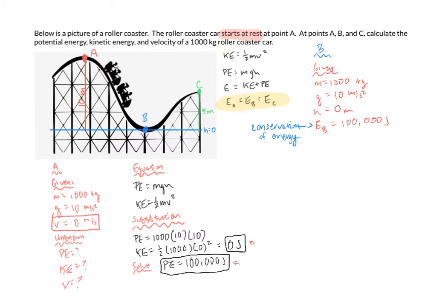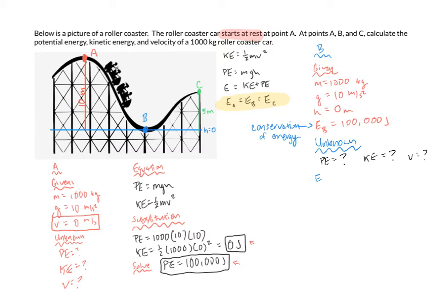And now I'm really ready to move forward into my unknown. So my unknown at point B is, again, PE equals question mark, KE equals question mark, and V equals also question mark. Let's go ahead and work through this.